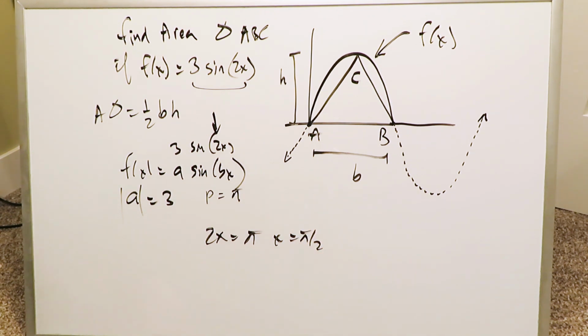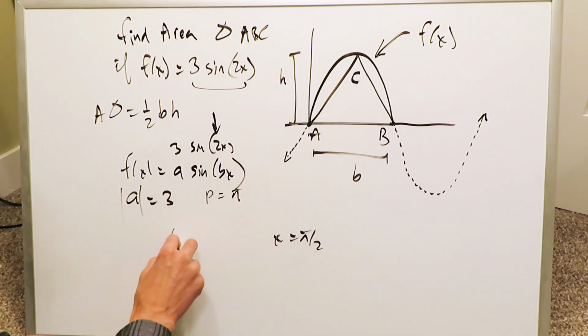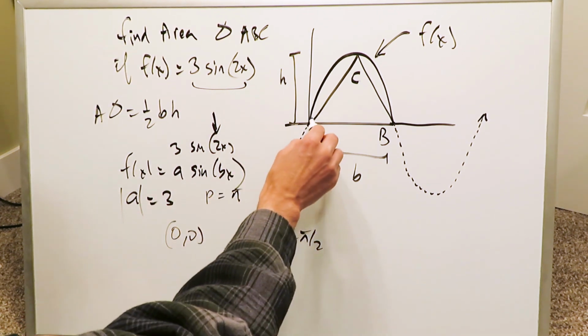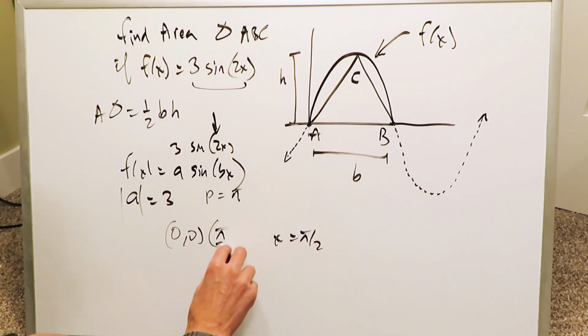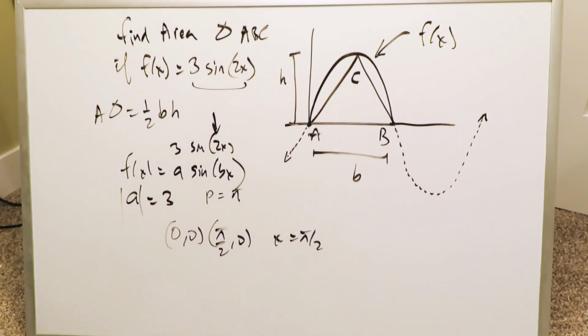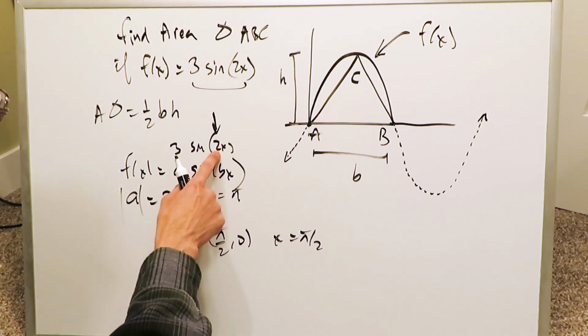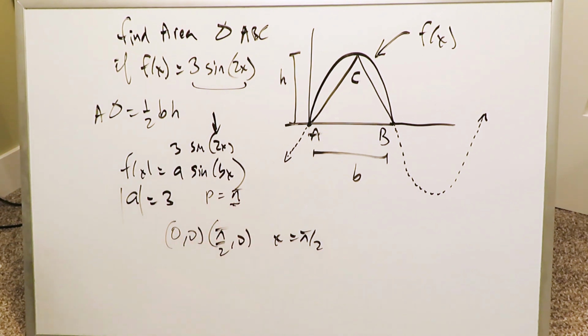That tells you two things. One x-intercept is easily picked out, the origin, and the other is pi over 2, 0, because 2 times pi over 2 gives you pi, exactly the period.